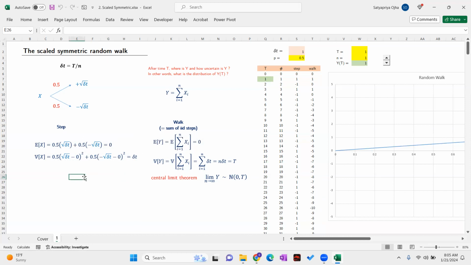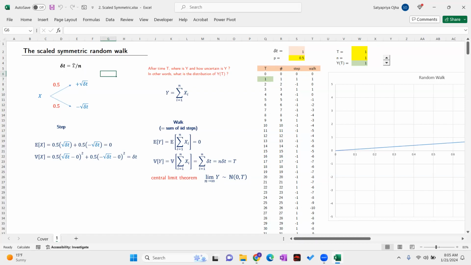A couple of questions I'm getting. What is delta t? First of all, what I'm trying to find here is the distribution of the stock price, or any underlying process that I'm trying to model, after a time capital T. That is a more natural question. You want to know what the stock price looks like after a year, not after 50 steps.